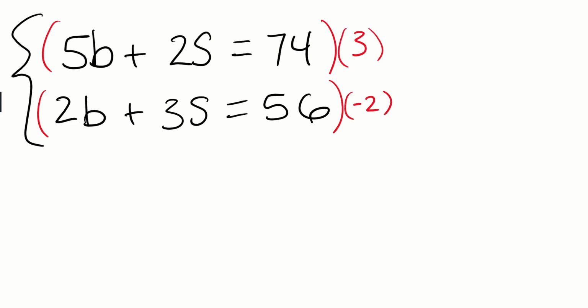So if I pick the 3 and the -2, what will happen is this top coefficient for s will be 6 times s, and the bottom one will be -6s. So those will be perfectly opposites.